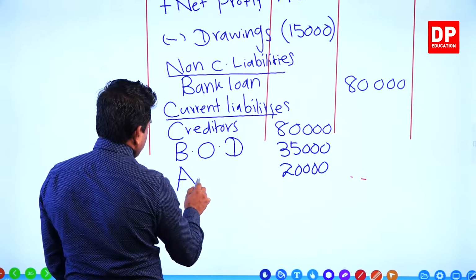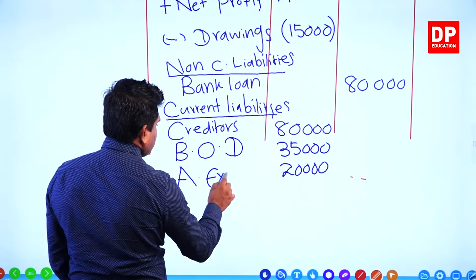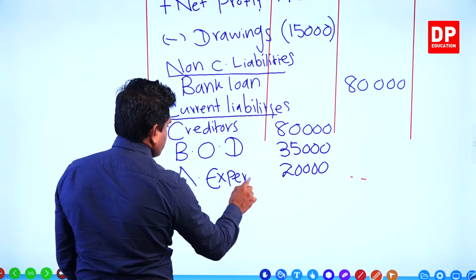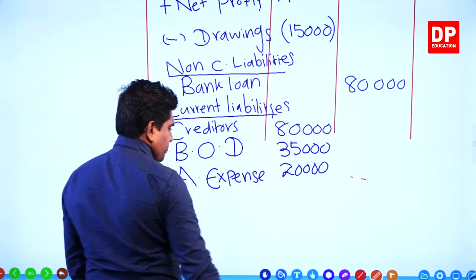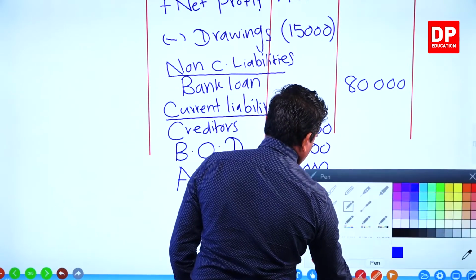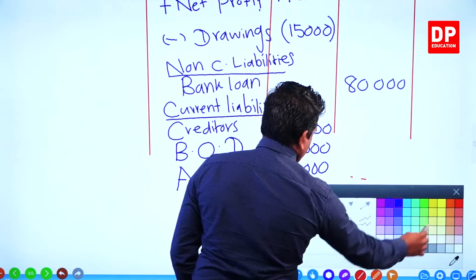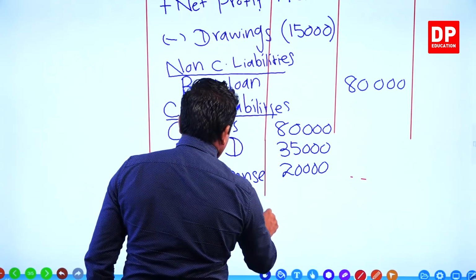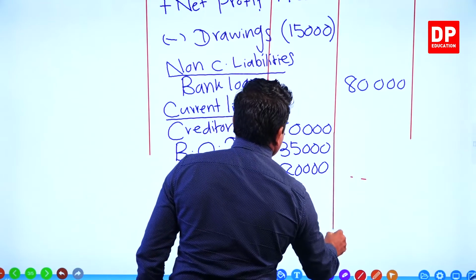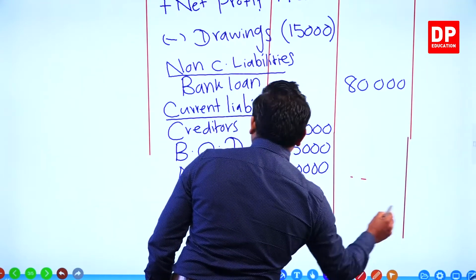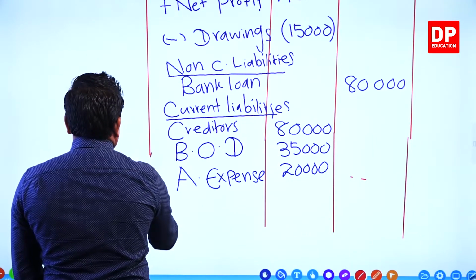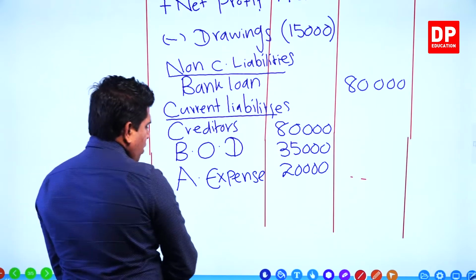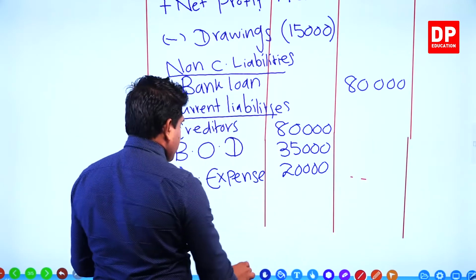Accrued expense. You have to expand the line. Why? The space is not enough. So you can expand the format like this. Right? Now, all the details finish, we can get the total.